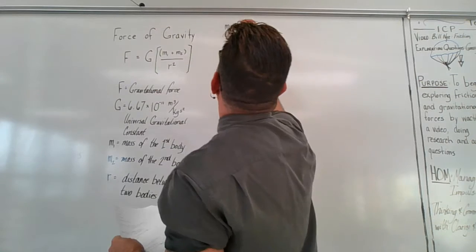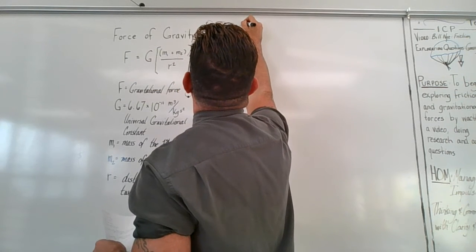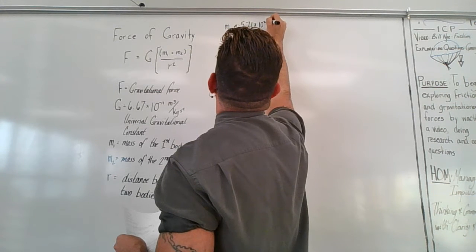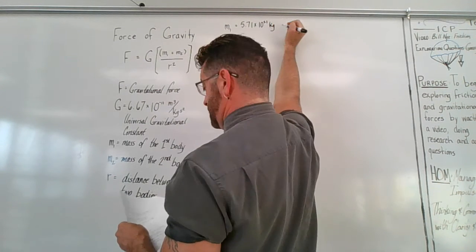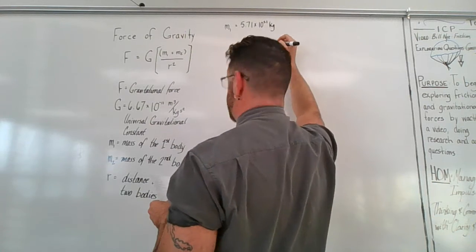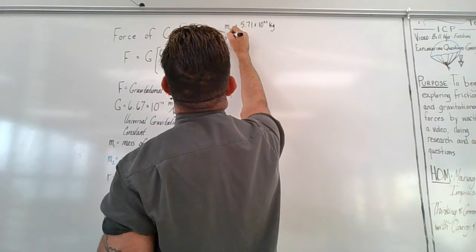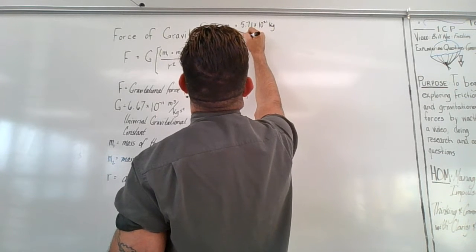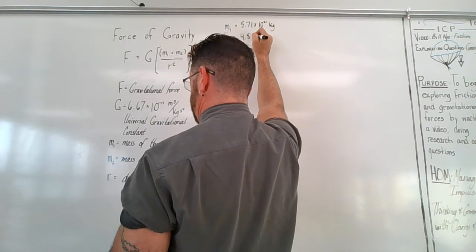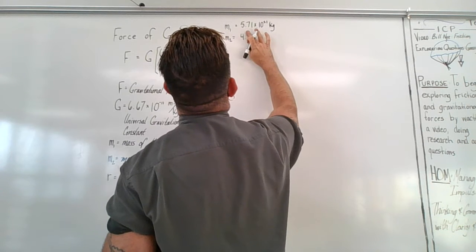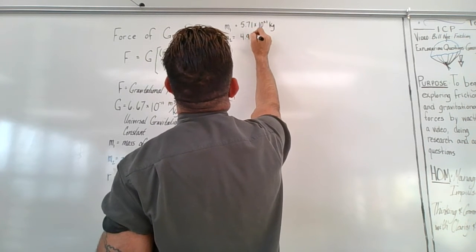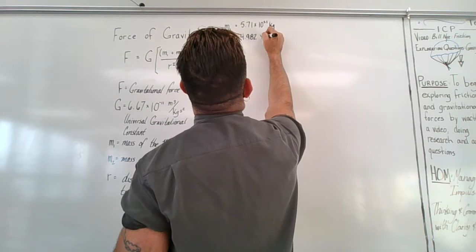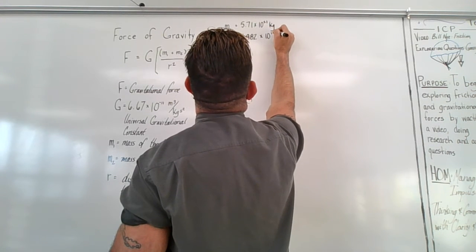is equal to 5.71 times 10 to the 21st kilograms. And M2 is equal to 4.9 times 10 to the 18th kilograms.